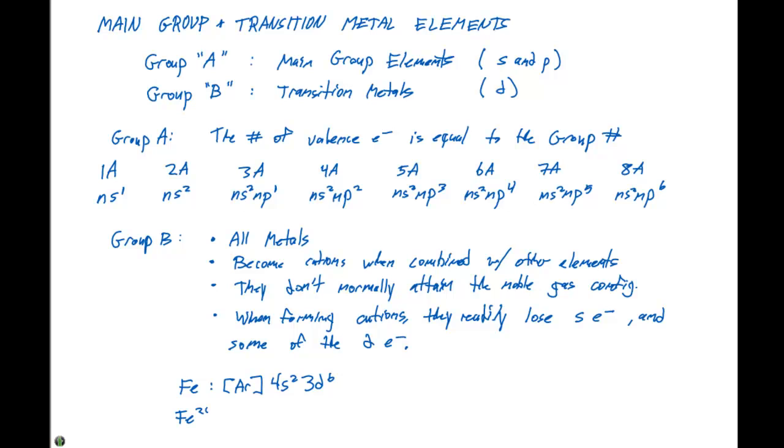If we look at iron 2+, its electron configuration is argon 3d6. Okay? Note that iron 2+ is not 4s2 3d4, it's 3d6. If we look at iron 3+, it's going to have an electron configuration of argon 3d5. Okay, so when forming cations, they readily lose the s electrons and some of the d electrons.